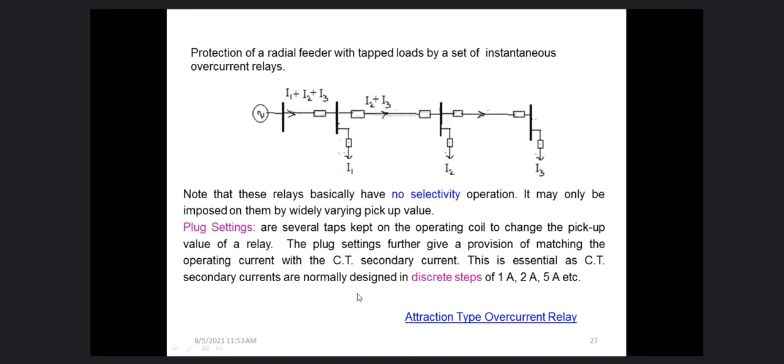It will operate for the same current, and the time taken by it will be the same. So no gradation is possible. Current sensing we may change using the plug setting, but no time gradation is possible. Sometimes this relay is used with some timer so that we can give the time gradation.